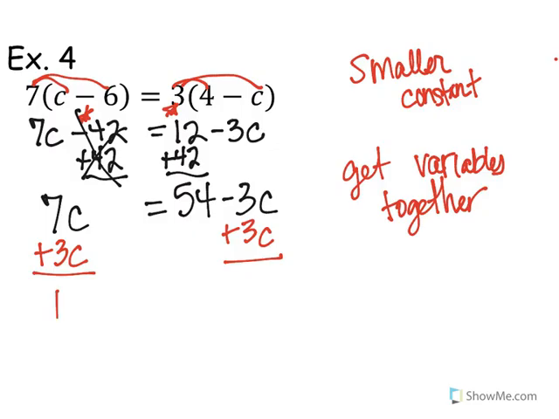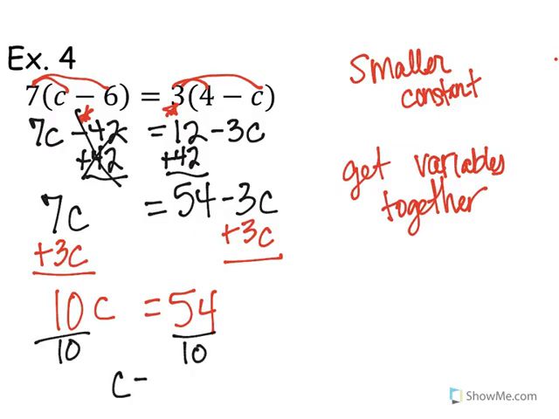And 10C equals 54. We'll again have a fraction answer. No problem. Last step is what? Divide 10 by both sides. So, 54 over 10. I know that 2 goes into both of those.